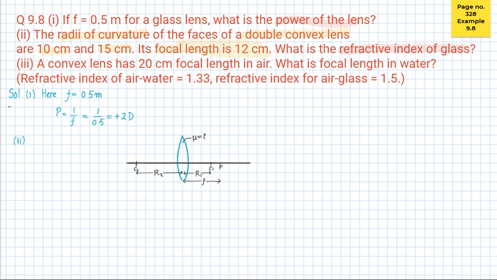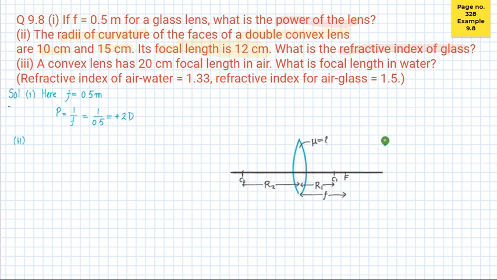Okay. Let me just move this diagram a little bit to the other side. Okay. Now look here. They have given you the radius of curvatures R1 and R2. Fine.